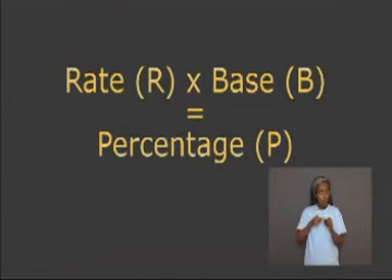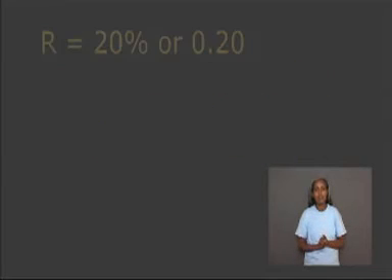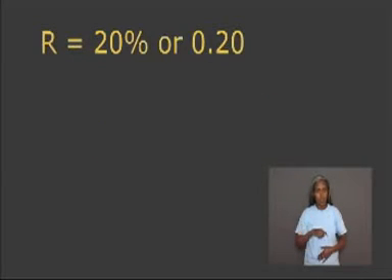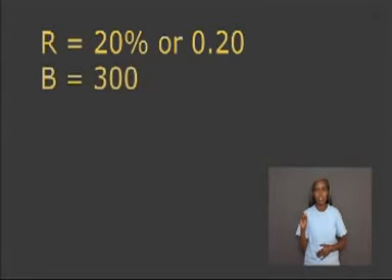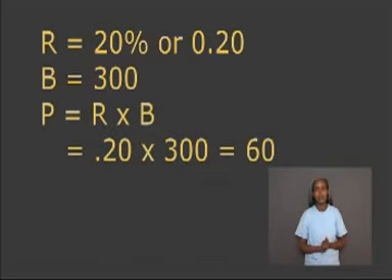Recall, students, that a percentage is found by multiplying rate and base. If our rate, R, is 20% and our base, B, is 300, then our percentage, P, is 60. In other words, 60 is 20% of 300.